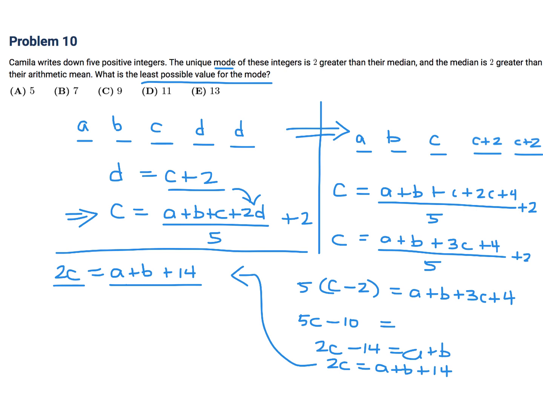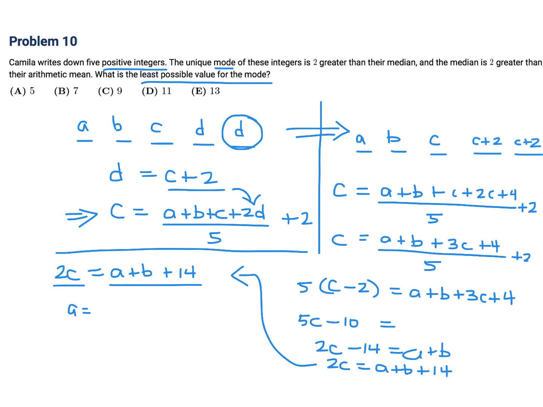And we want the least possible values for C and for A and for B. That's the only way we can get the least possible value for D. So what are the least possible values? They're positive integers, right? So the least possible values for A and B such that A plus B plus 14 is an even number.